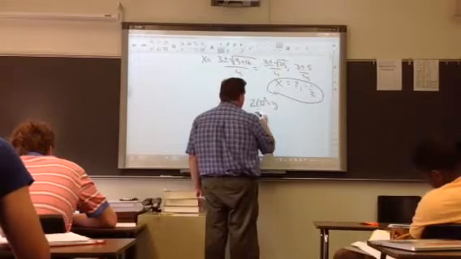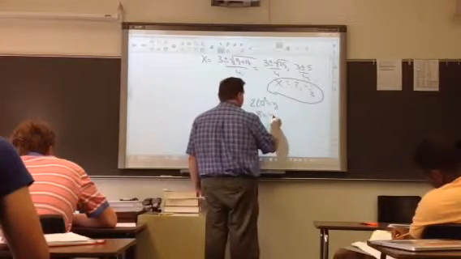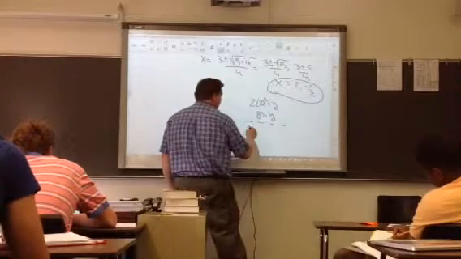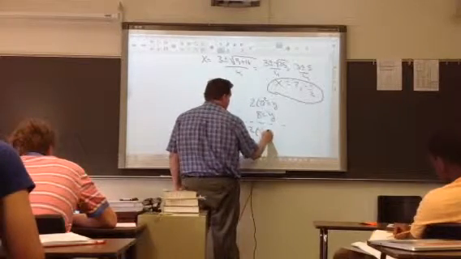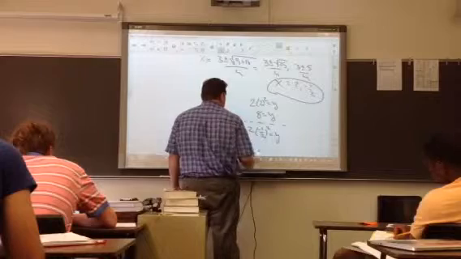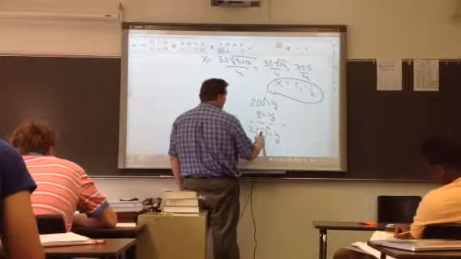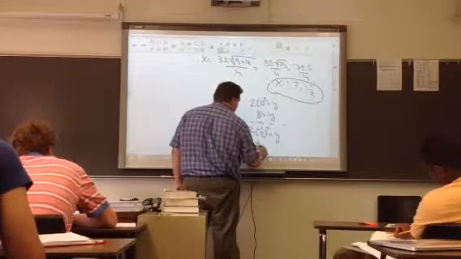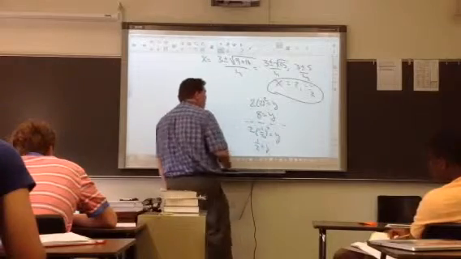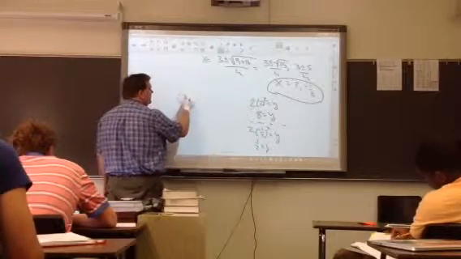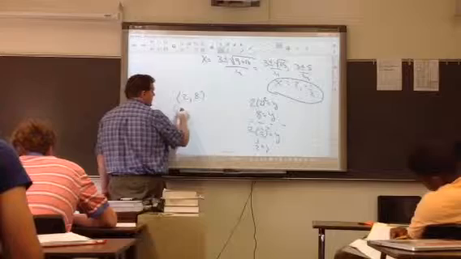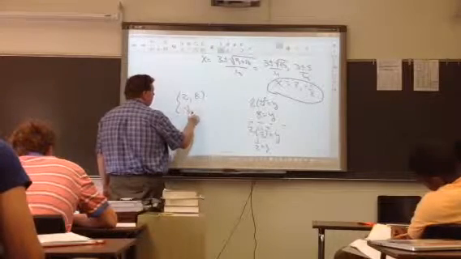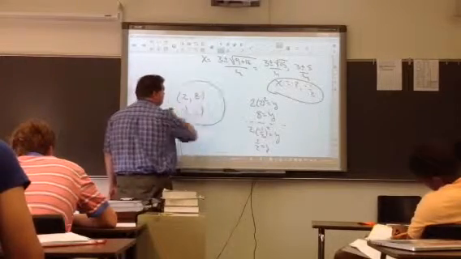Well, that's going to be 8. And the other one is 2 times negative 1/2 squared equals y. That's 1/4, so this should be 1/2 equals y. So my 2 points should be (2, 8) and (negative 1/2, 1/2).